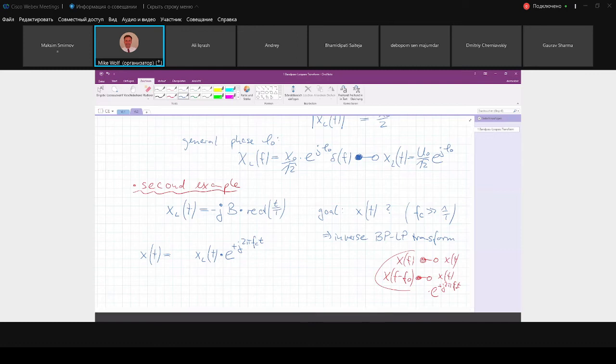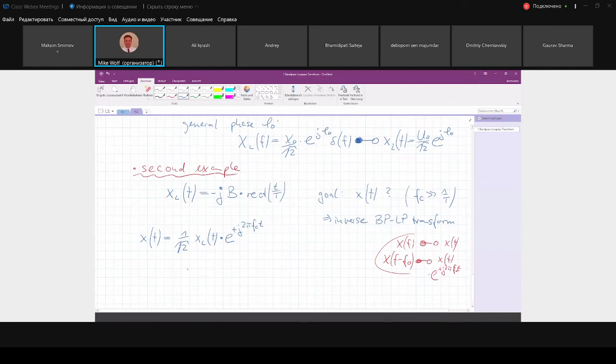Now you may say, I need a further step on the right-hand side, because before I multiplied with square root of 2, so I need now to divide by square root of 2, right? If I now go to the frequency domain, this is just the right-hand side of x of f of the bandpass signal.